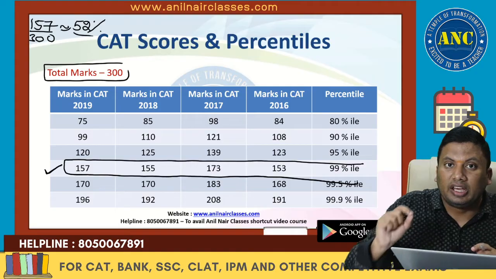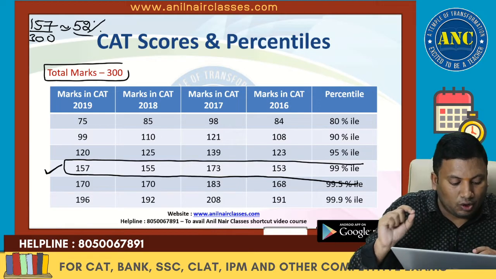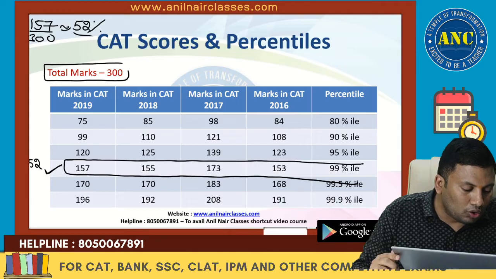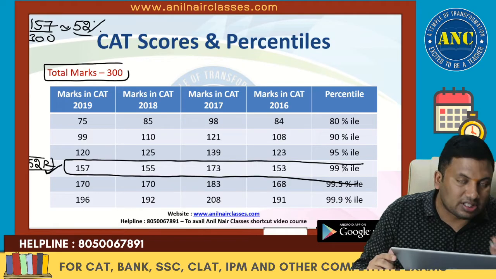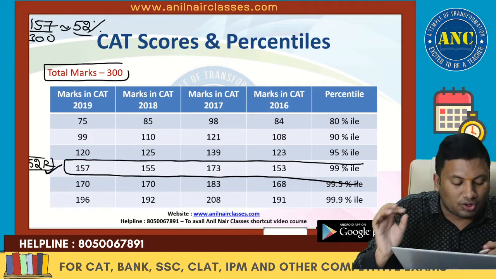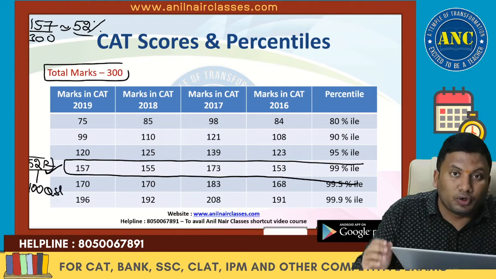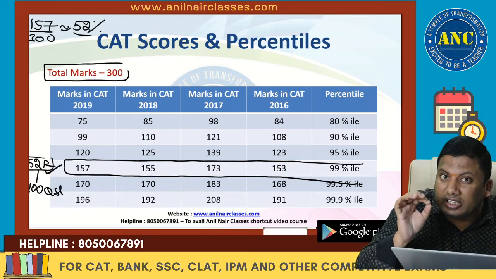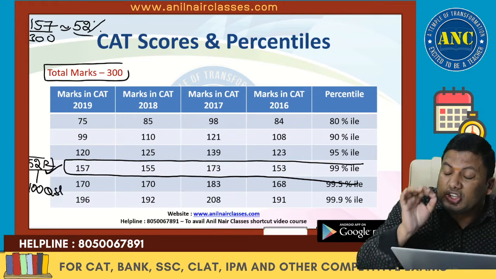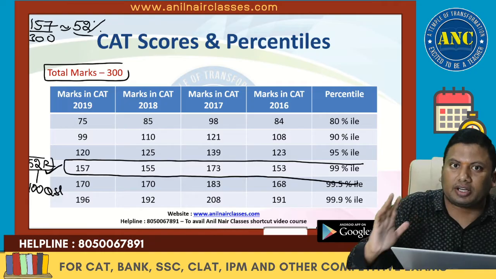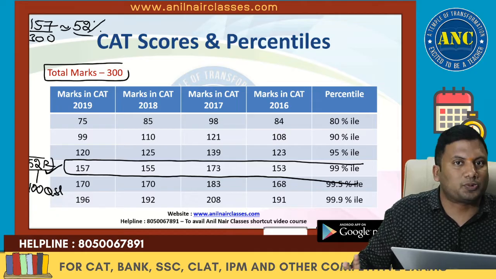That means if you can get 52%, this is nothing but very close to 50 right answers out of 100 questions. If you get 50% of the questions right section wise and overall, you are almost close to the 99 plus percentile.